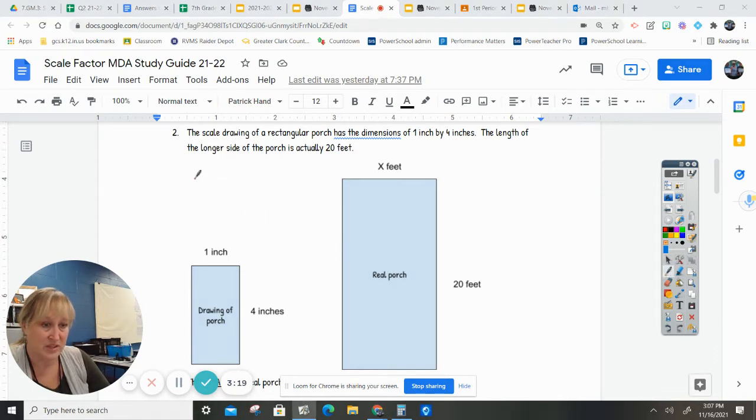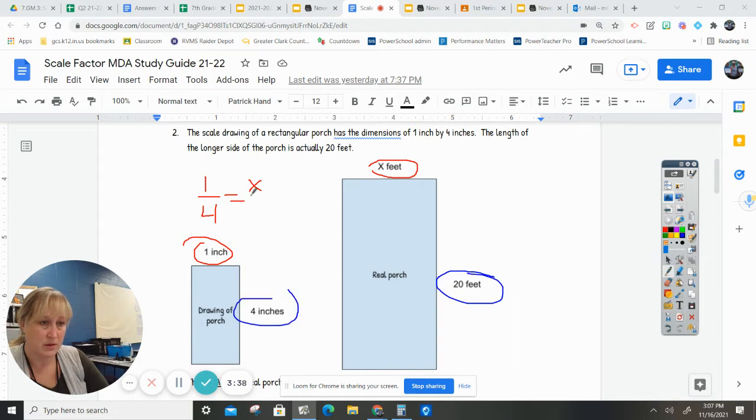And so I'm going to set up my scales. 1 over 4, which is 1 over 4. So 1 goes with x, and 20 goes with 4. Hopefully this is making sense to you.